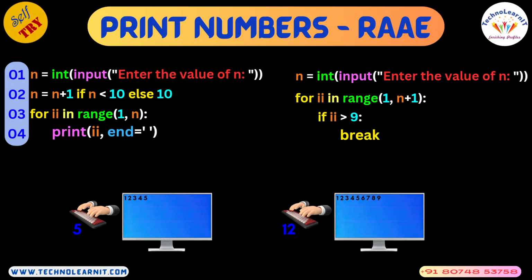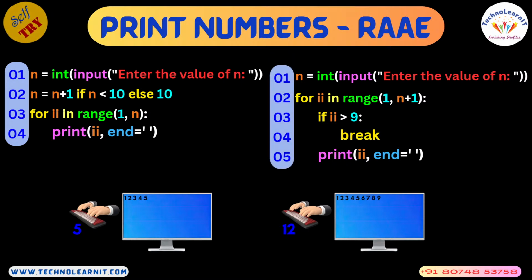of time. Generally, break is associated with a condition. Once that condition is met, you will quit from the loop. If the condition on line number 3 is false, the break statement would be skipped, and then print is what is executed. And that is how you can see the digits starting from 1 going up to 9.